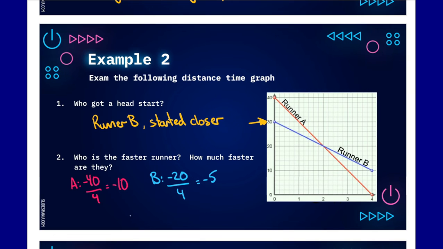So in this case, runner A is faster by 5, we'll say units, because we don't know the specific values. Whether it's 5 kilometers an hour, 5 meters per minute, whatever the case is.